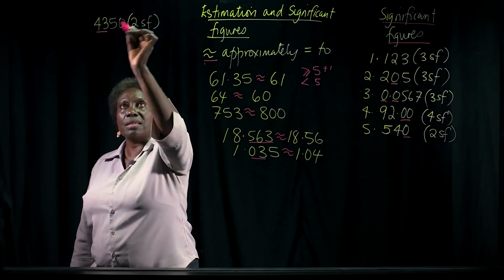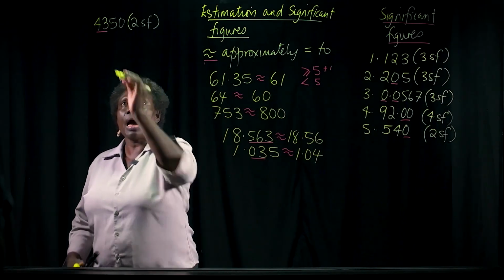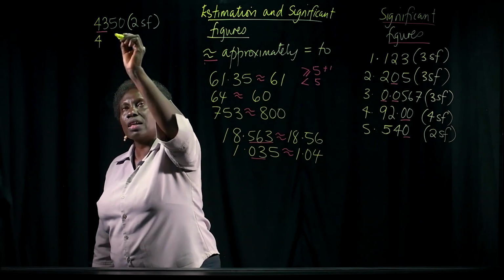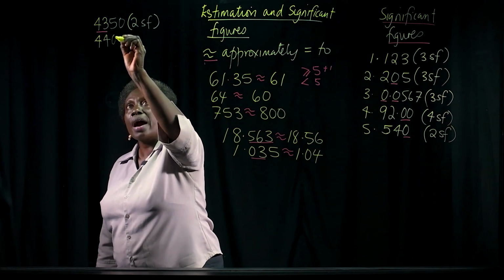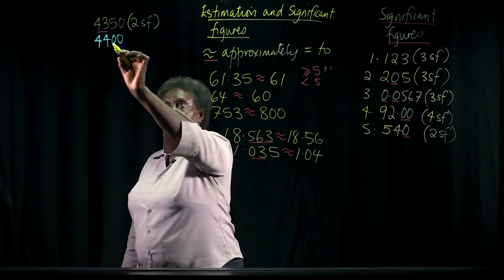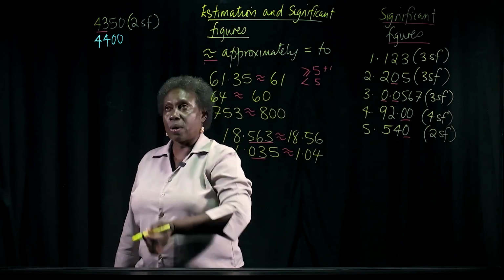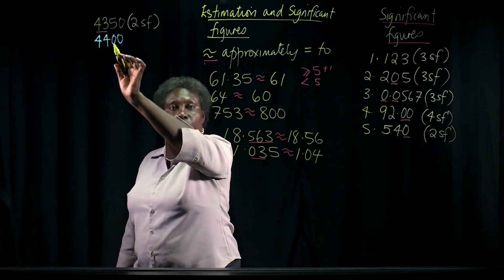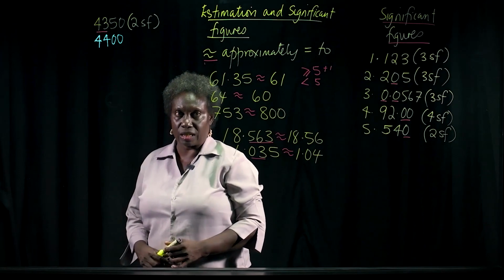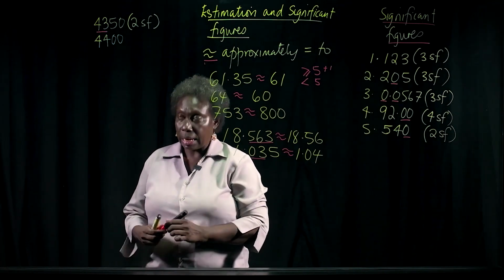So in this case, we are going to add 1 to 3, and our number will be 4,400, correct to two significant figures. These two zeros are actually placeholders, which indicate to us that this number is not 44, but 4,400, correct to two significant figures.